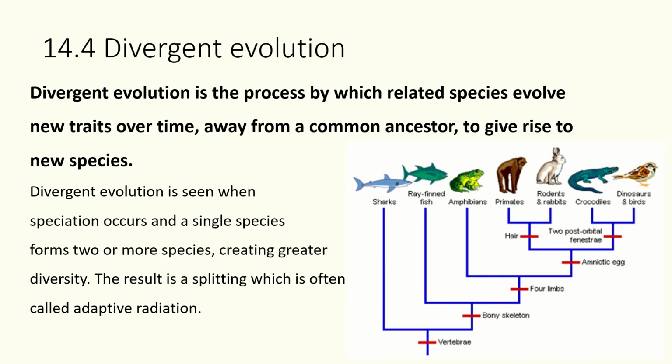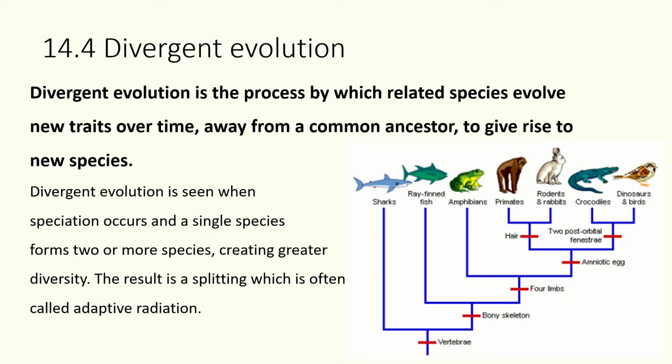So divergent evolution is when you've got an original common ancestor and two related species have evolved new traits over time, evolving away from that common ancestor. And it has that distinctive, as we've shown already, forking pattern where the common ancestor splits into two clear branches.